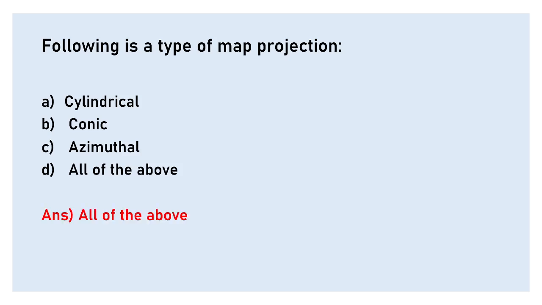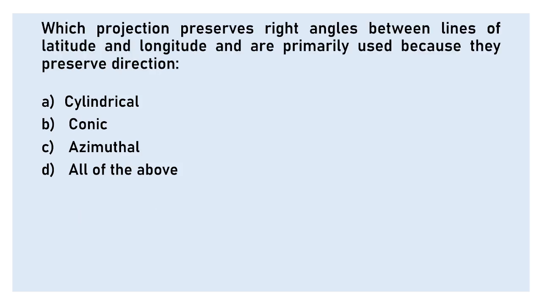Yes, all of them: cylindrical, conical, and azimuthal. Which projection preserves right angles between lines of latitude and longitude and is primarily used because it preserves direction? Yes.